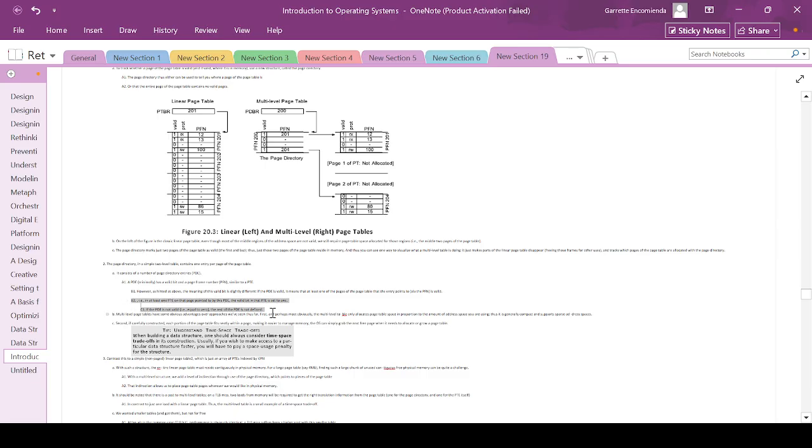If the PDE is not valid, equal to 0, the rest of the PDE is not valid. As you can see, we didn't allocate a page table here, a page table with page table entries such as valid here in this first column.